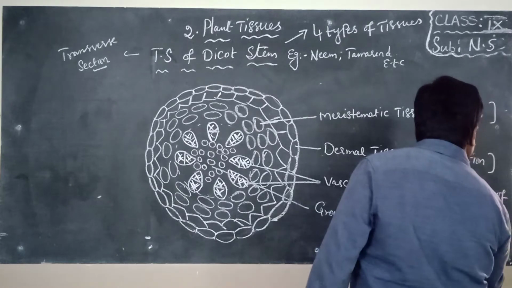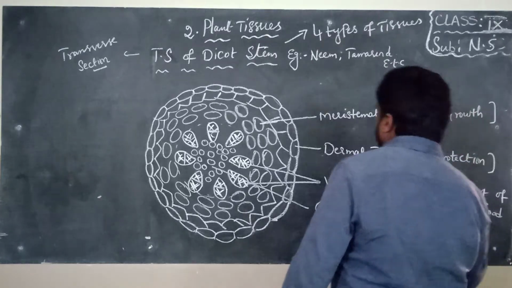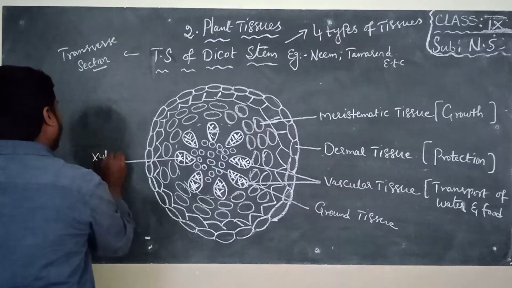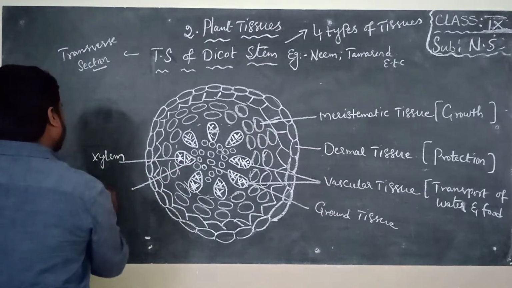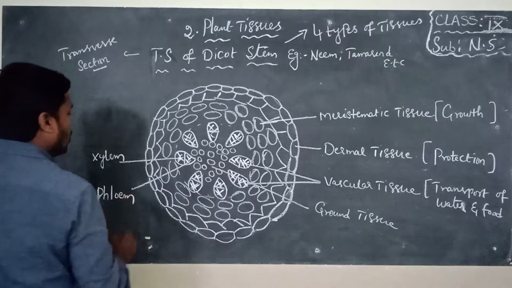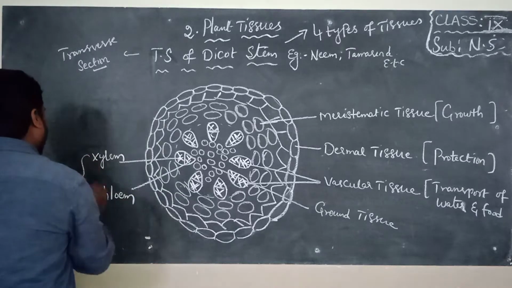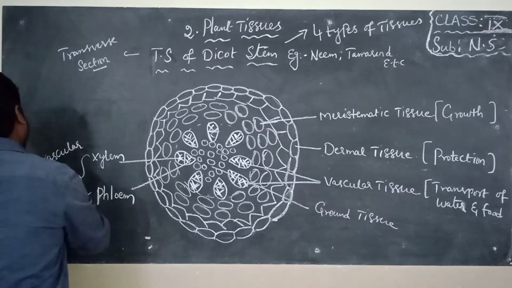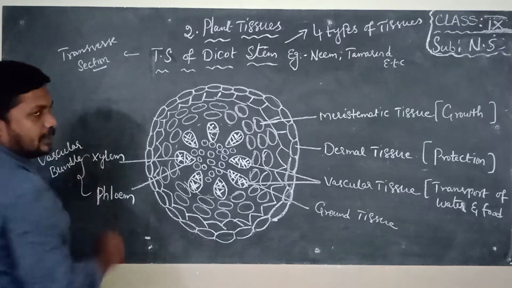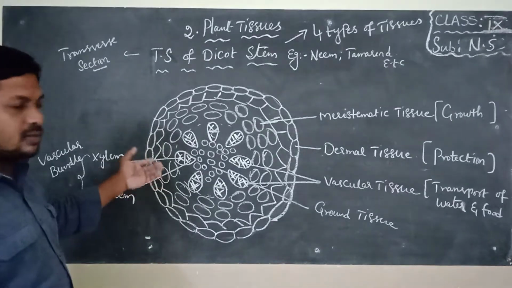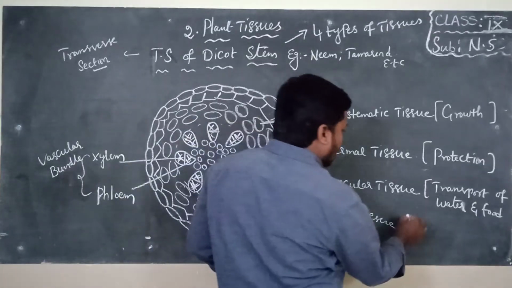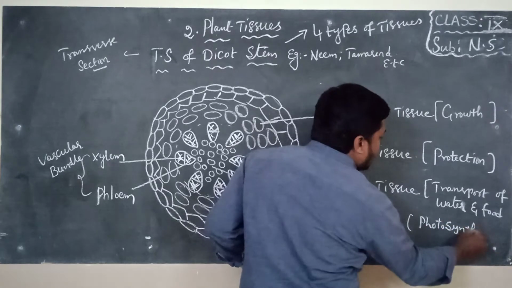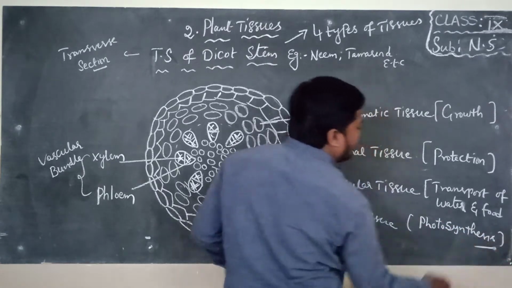Vascular tissue is of two types: one is xylem, the other is phloem. Both xylem and phloem together are called vascular bundle, present one upon another. Vascular means transport. Ground tissue helps to perform photosynthesis and also gives mechanical strength to the plants.